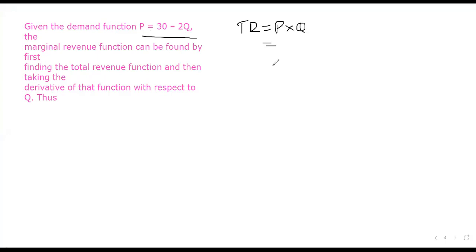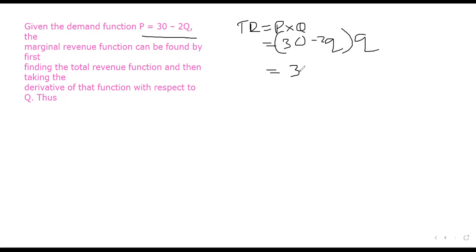Price times quantity. So our price is 30 minus 2Q. Then you input the Q here.